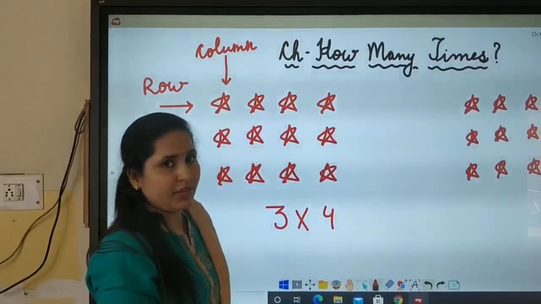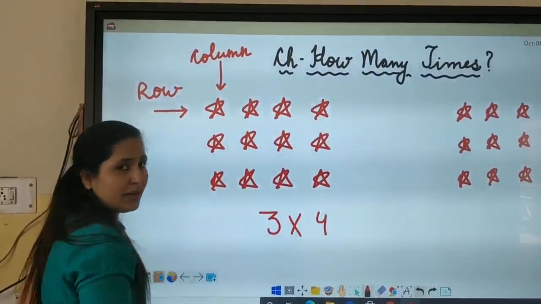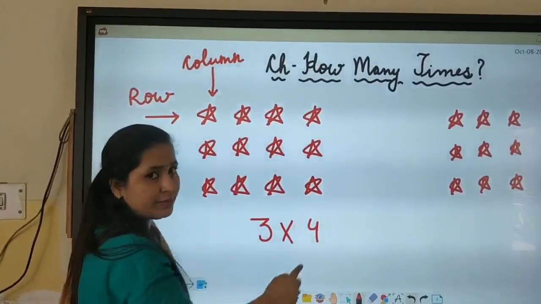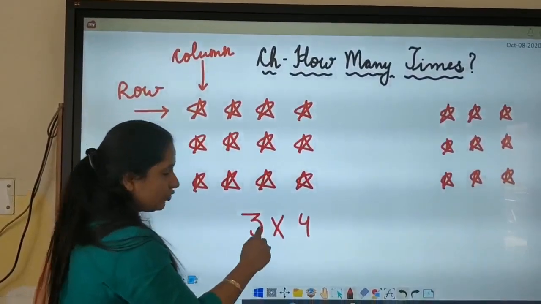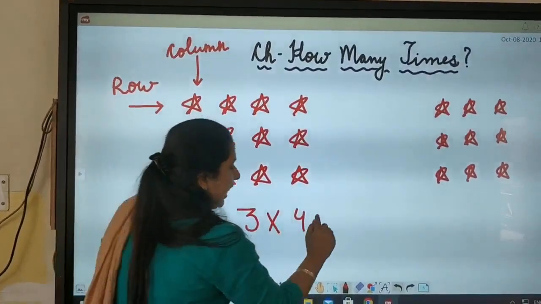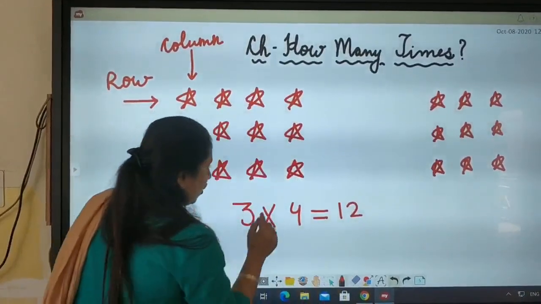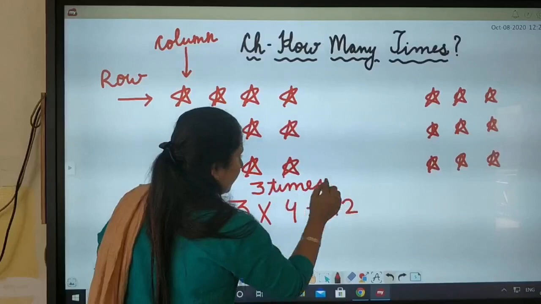So it means we can simply multiply. In one row there are 4 stars. So we can simply write 3 times 4. Or the word times will be replaced by the multiplication sign, so it will become 3 multiplied by 4. And you know the table of 3? 3 4s are 12. That was 3 times 4.